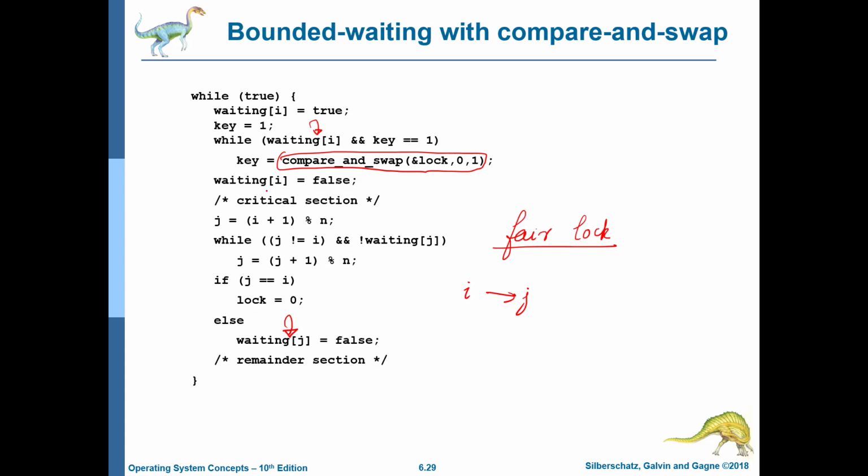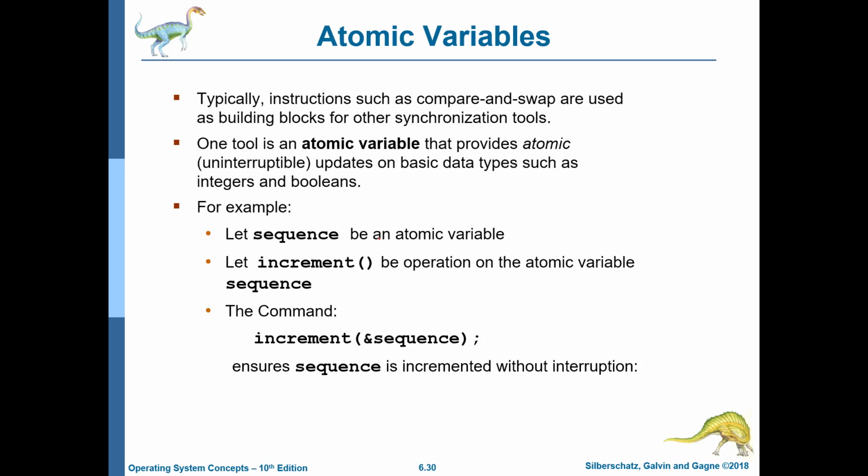After that, it will do its job. Again, it will transfer. The lock will still remain 1. The lock becomes 0 when the process that has the lock is not able to transfer it to someone else. So this is a cute and neat piece of code that implements a bounded wait.